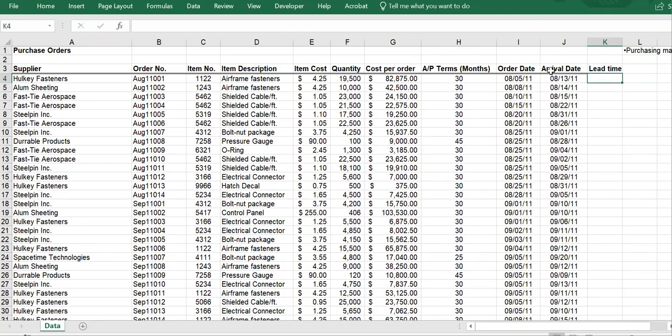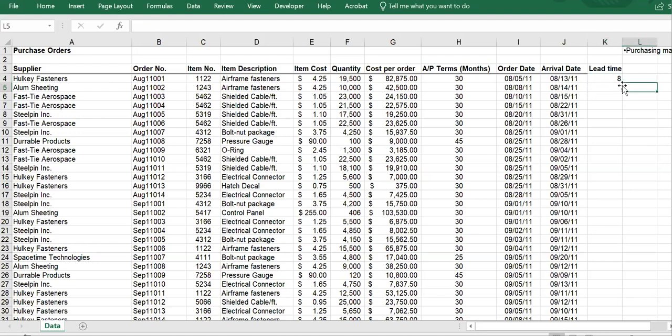So the difference between arrival date and order date would be the number of days that it takes for you to receive the item. So the lead time would be the arrival date minus order date. That will give you the number of days from the order date to the arrival date for each one of these orders. Each row in this table is one order, with order numbers, item numbers, the supplier it's coming from, and so on.